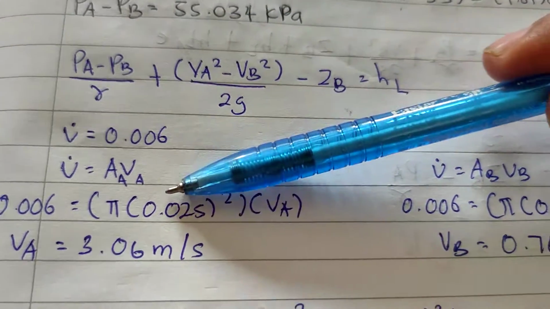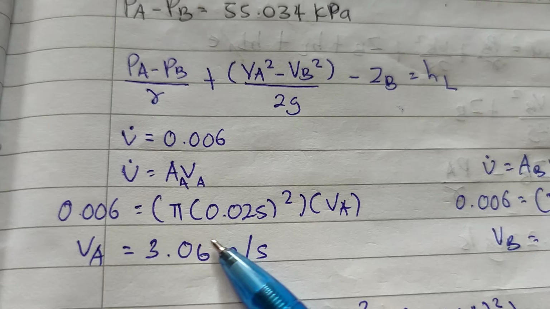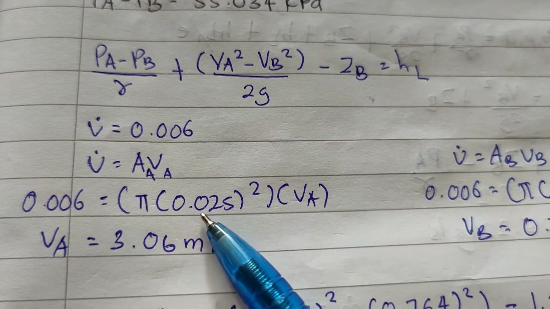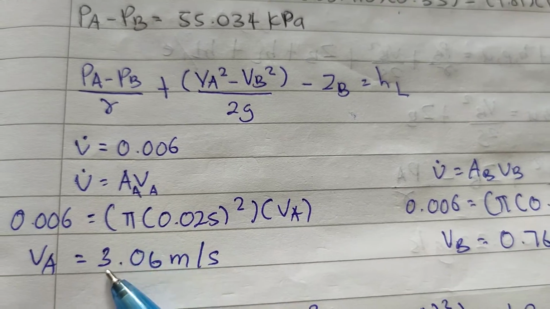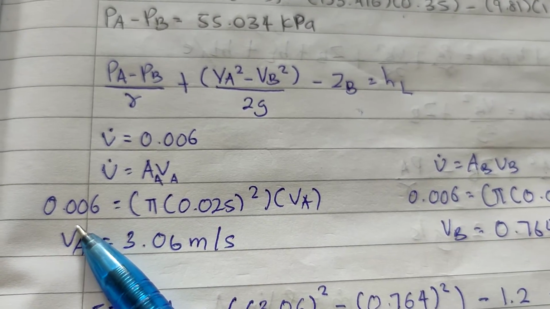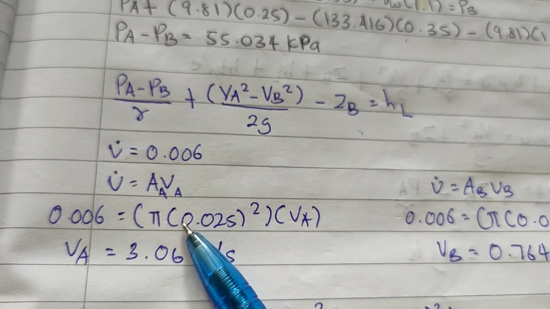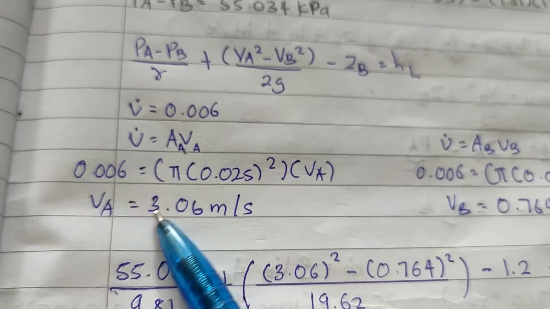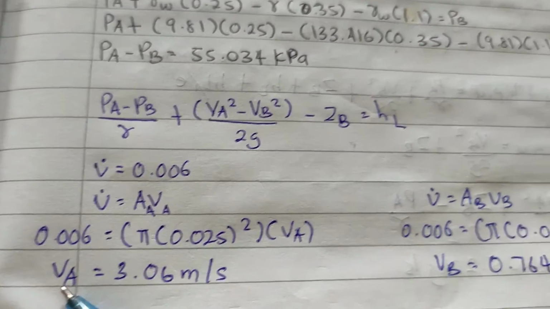Then we solve this equation. It will become 0.025 squared times pi. Then move it to the other side. It will become 0.006 divided by this value. VA will become 3.06. Then we get the value for VA.